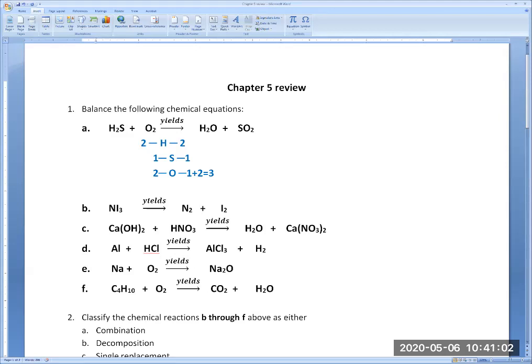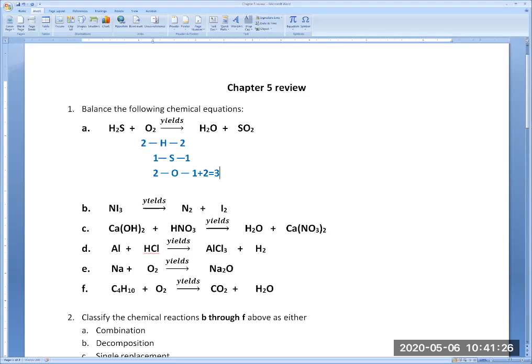Sulfur is the same, 1 on the left, 1 on the right. So it's oxygen here that needs balancing. We have 2 on the left and 3 on the right. When we have 2 and 3, there is no way to make it 2 or 3. You have to do the common multiple of 2 and 3, and that means 6.